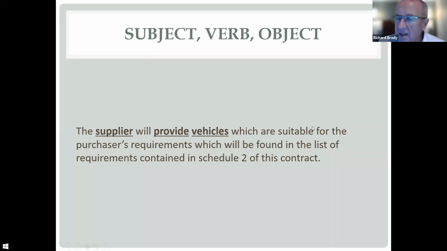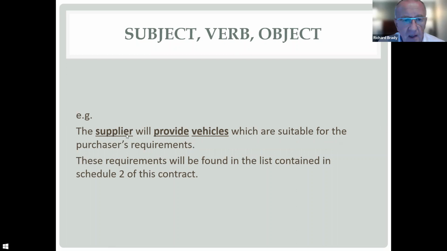One idea in each sentence, like this. The supplier will provide vehicles which are suitable for the purchaser's requirements. That's one idea. Next idea. These requirements, that's the subject, will be found, that's the verb, in the list, that's the object. And where is this list? It's contained in Schedule 2 of this contract.